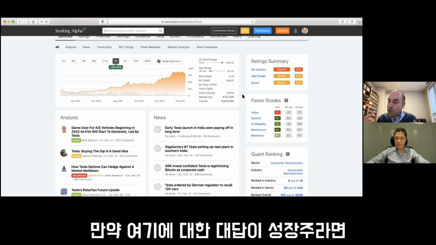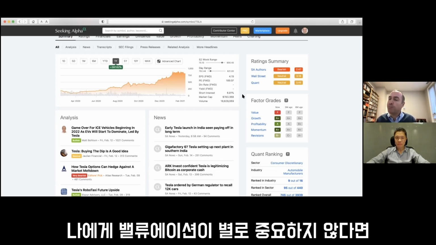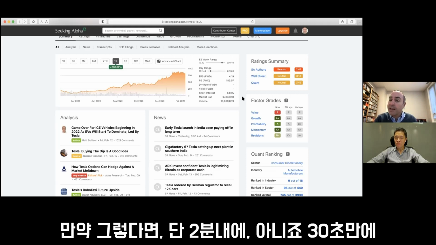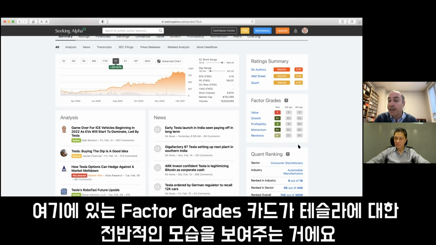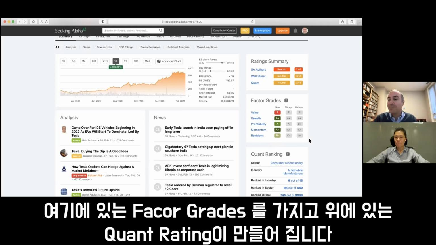And if your answer to that is, I want to own growth, I want to own the future, I'm not too bothered about valuation, I don't mind buying stocks that are really expensive if they own the future, then in 30 seconds, actually, this card here, the factor grades, gives you a picture of Tesla. So you can immediately say, is this the kind of stock that I want to own? These factor grades feed into the quant grade.